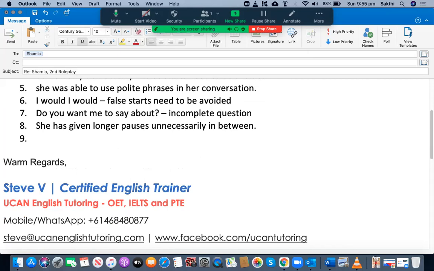It's really important that you give a pause after every sentence. It is also important that you give a small pause of 1 to 2 seconds when you list out the range of items. After every item you have to give a pause. It is really important that you get the message across, because that is going to be one of the assessment factors as far as the OET speaking role play conversation is concerned.